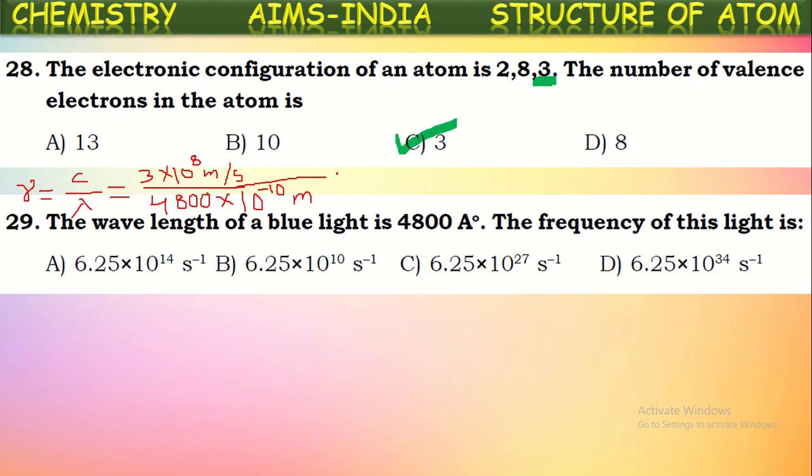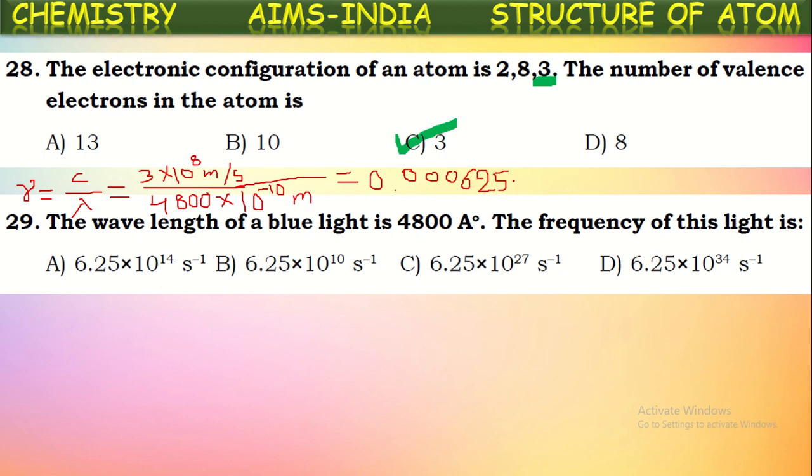Now if you simplify this, what do we get? Try to calculate that now. What do we get? 3 divided by, we get it as 0.0000625.